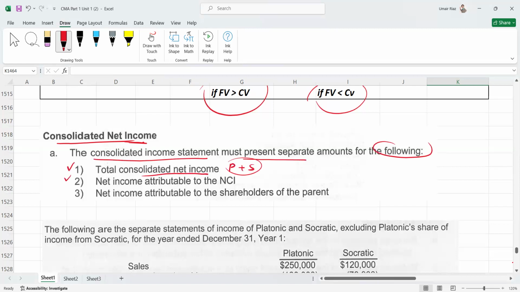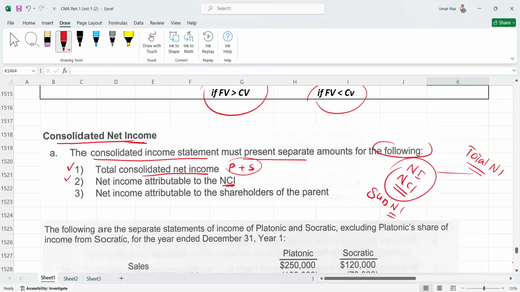Then we have to take net income attributable to NCI. Out of this total net income, we have to show what is the net income relevant to non-controlling interest, and obviously NCI would be under the subsidiary's net income, right?